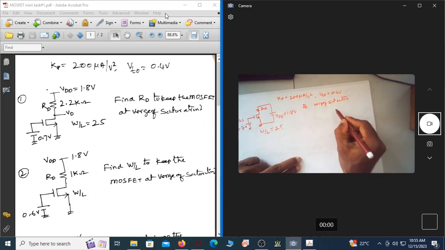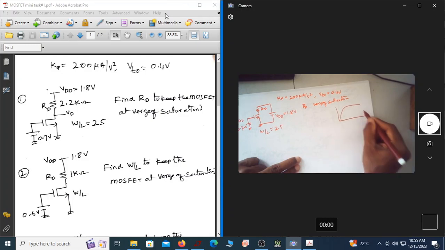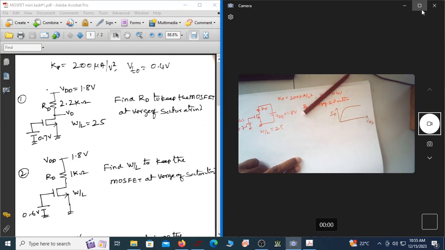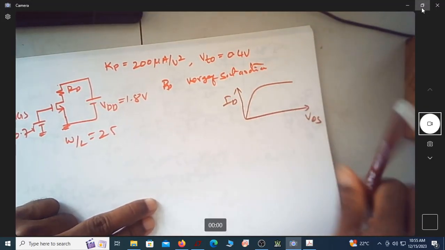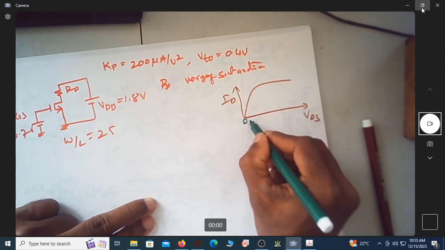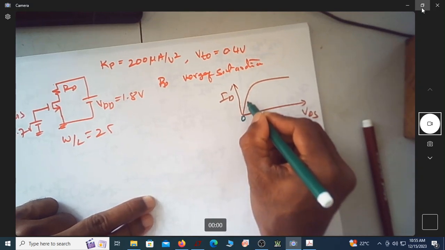Now we all know that MOSFET has got this type of output characteristics. This is the value of VDS and this is ID. Let me just make it so. This is the value of 0 VDS, and as the value of VDS increases, current increases.